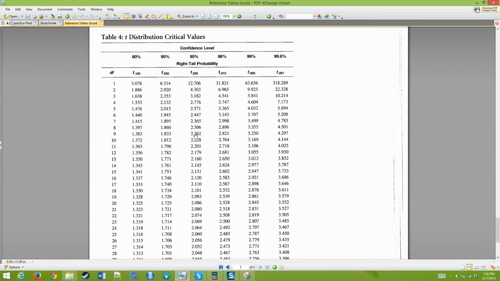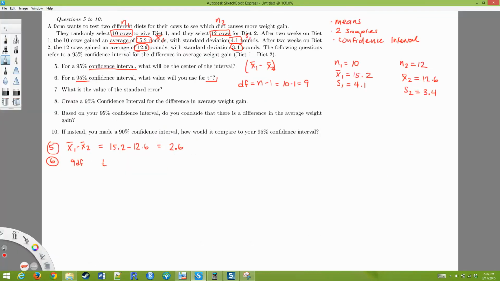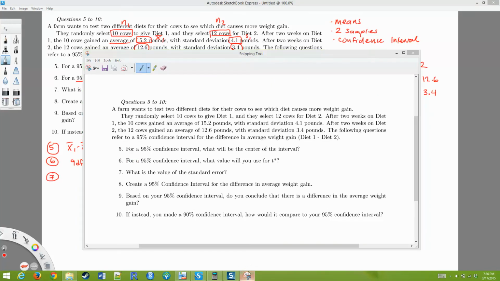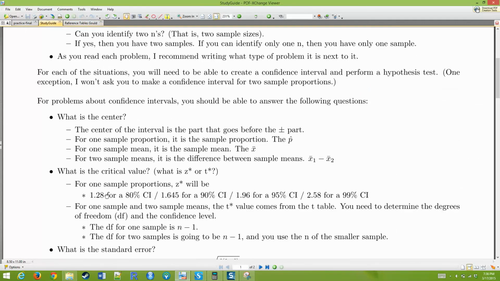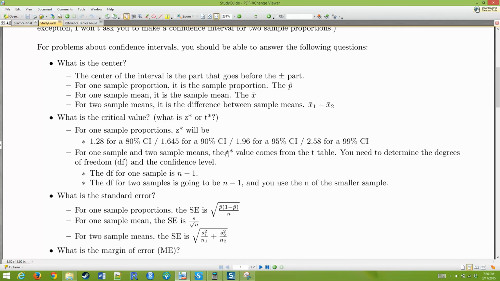The number I'm using is 2.262. Again, if you weren't sure about that, you can always go to the study guide where it says what's the critical value, and it says T star comes from the T table and degrees of freedom is n minus 1. Use the smaller n.